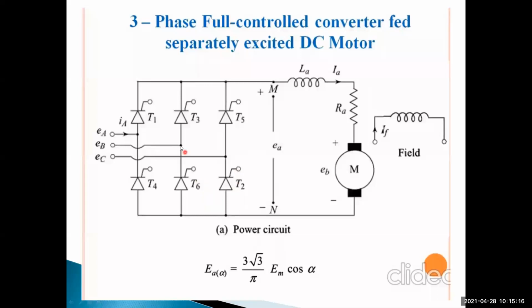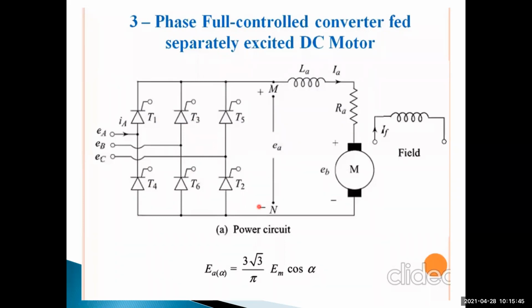So the combinations are T1 T2 and T1 T6 as one combination. Similarly, T3 T4 and T3 T2 is one combination, and T5 T4 and T5 T6. These are called different combinations. Like this, 6 combinations we will get.